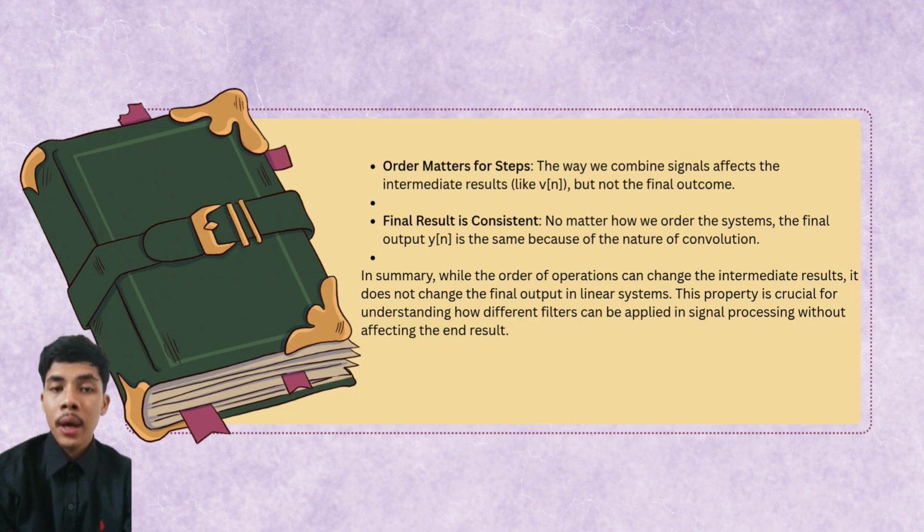In summary, while the order of operations can change the intermediate result, it does not change the final output in a linear system. This property is crucial for understanding how different filters can be applied in signal processing without affecting the end result.